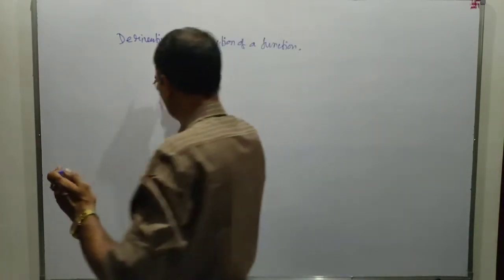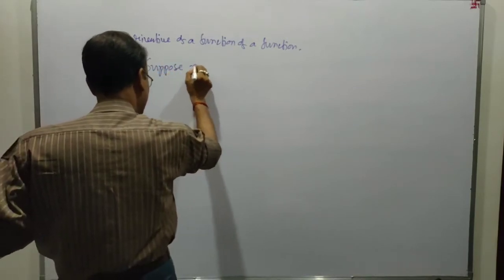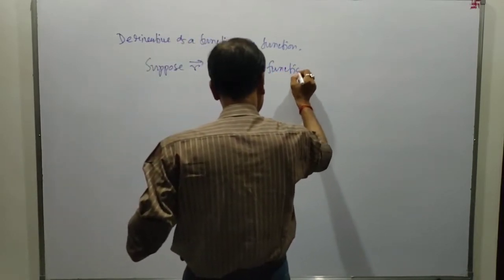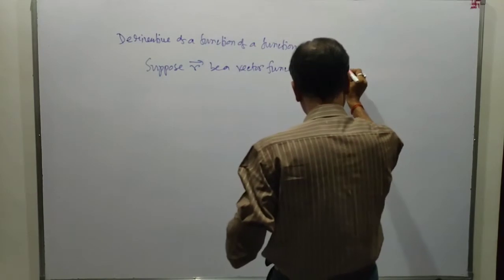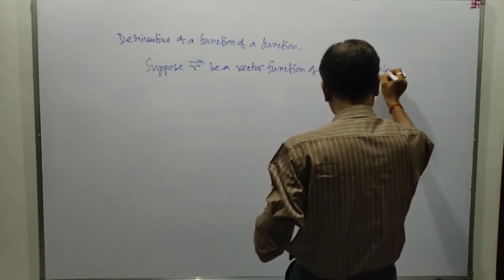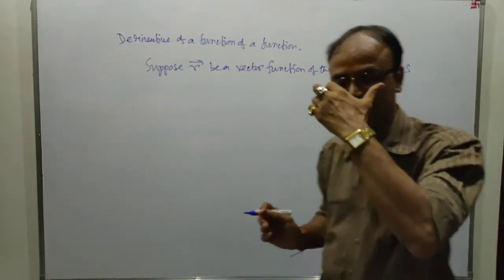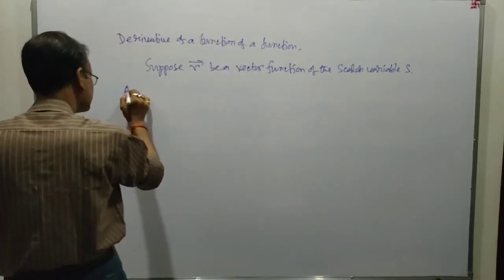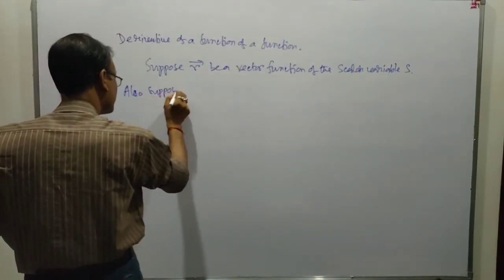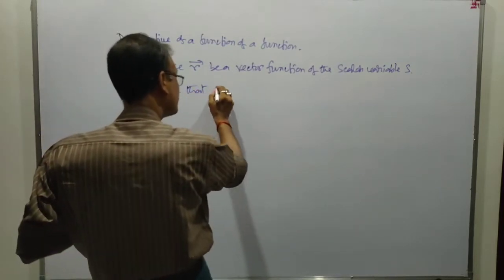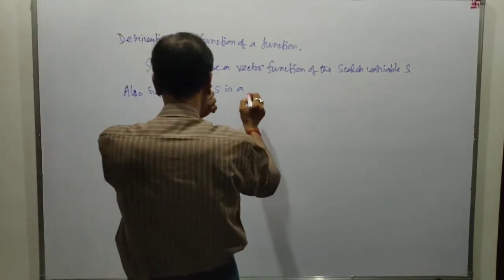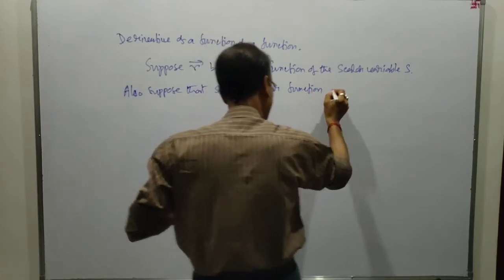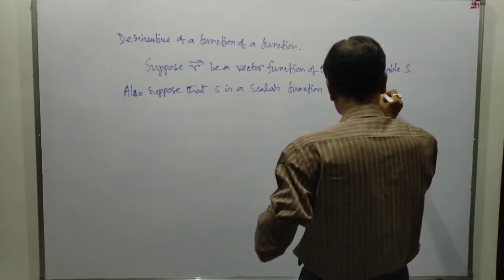Suppose that R vector is a vector function of the scalar variable S. Also suppose that S is a scalar function of another scalar variable t.